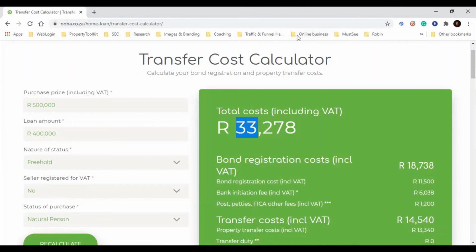My transfer cost as per this particular app tells me 33,000, I want to add my extra 5,000. So I need 138,000 in my hand. But what if my particular renovation or refurbishment is 22,000? Then you would want to have 160,000 to ensure you are closing the deal with all the costs that are involved.